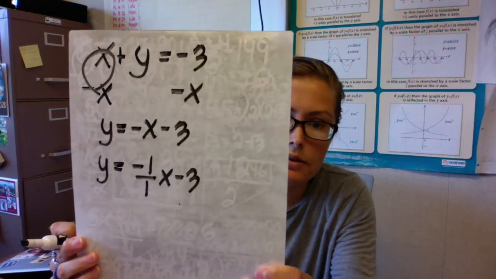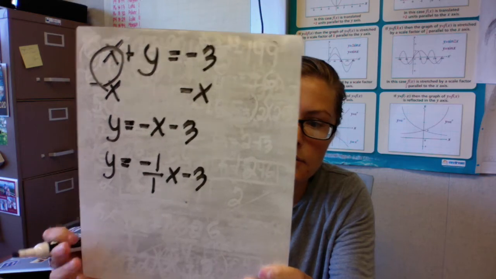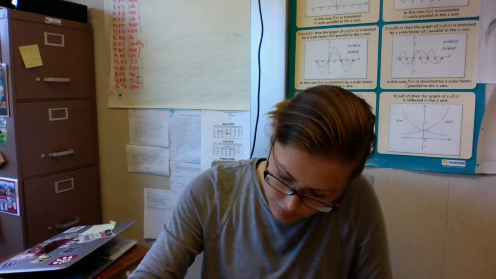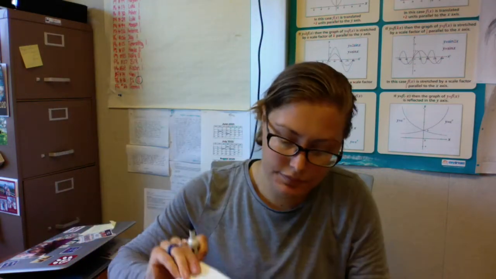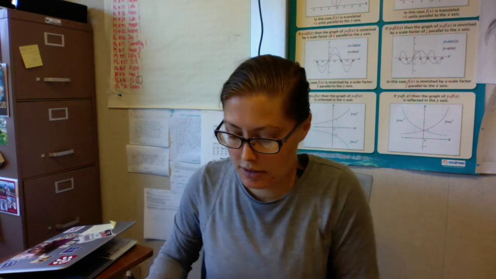That's the same as y is equal to negative 1 over 1 x minus 3. So we're going to start at negative 3, go down 1 to the right 1, and connect our lines.